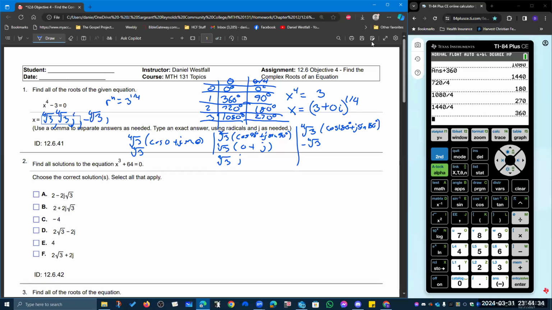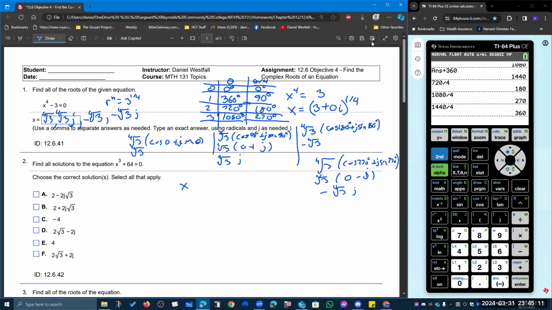And then last but not least, we have the fourth root of 3 times cosine of 270 plus j sine of 270. Cosine of 270 is 0, and this is minus 1j, so this is minus fourth root of 3j. There we go.